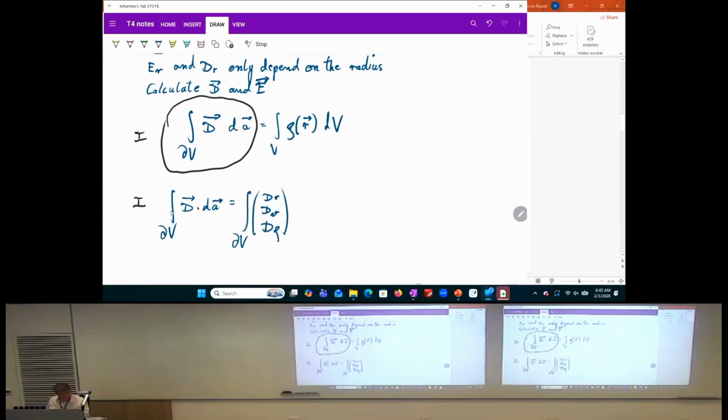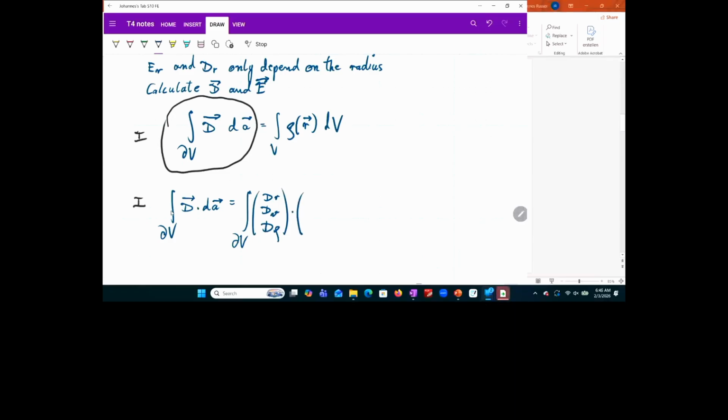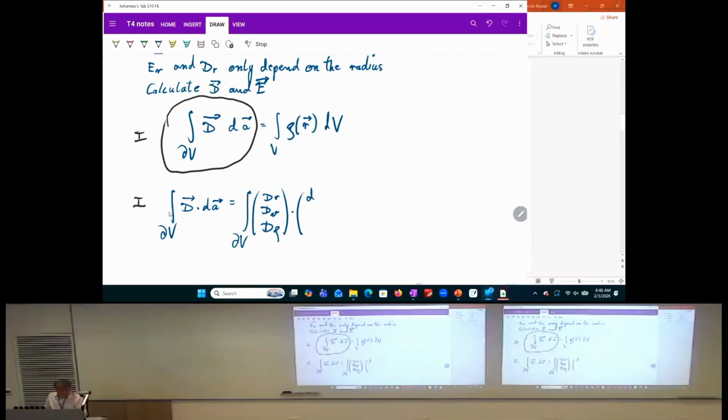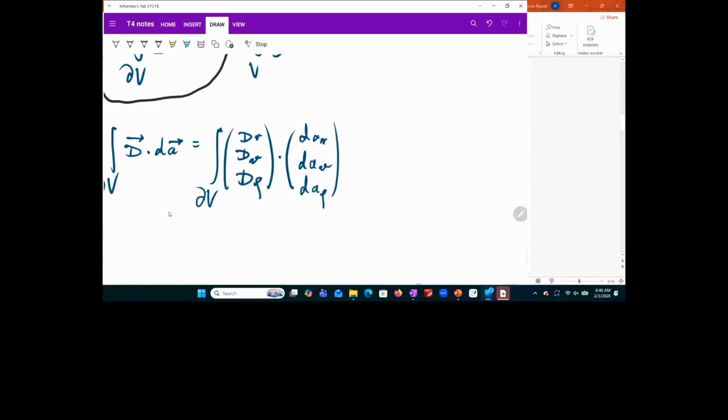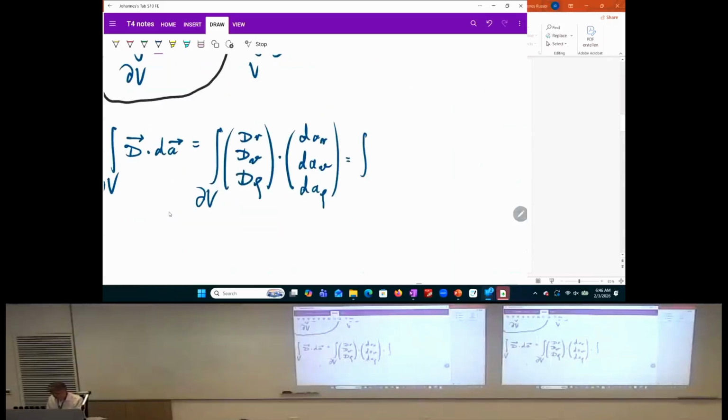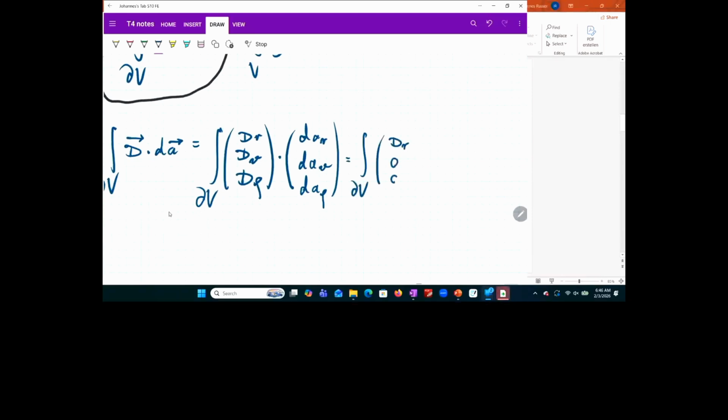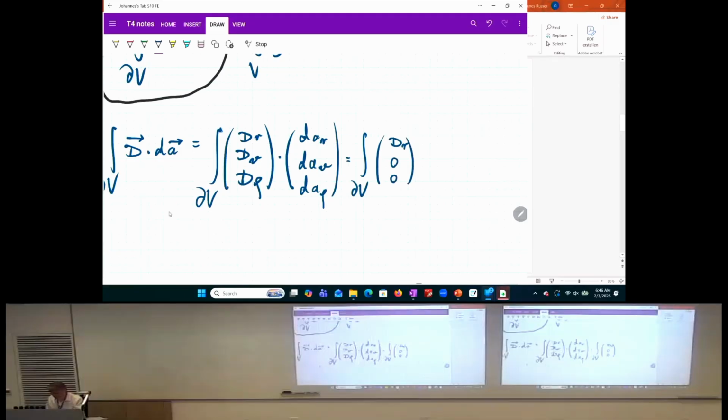And we integrate here with the vectorial surface element that is given with a contribution in radial, theta, and in phi. So D_r, but the other ones are thankfully vanishing.